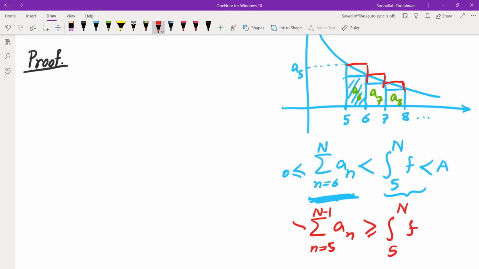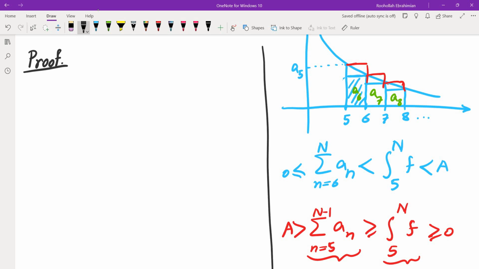If this is convergent, this would be bounded. Therefore, and this is clearly equal to 0, therefore this would be bounded. So if the series converges, then the integrals are going to be bounded. If the integrals are bounded, then the series converges. So that's the idea of the proof.